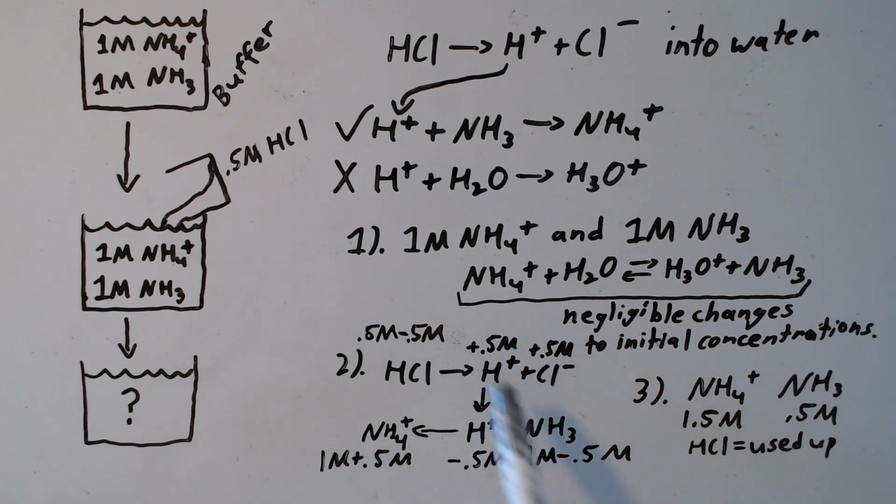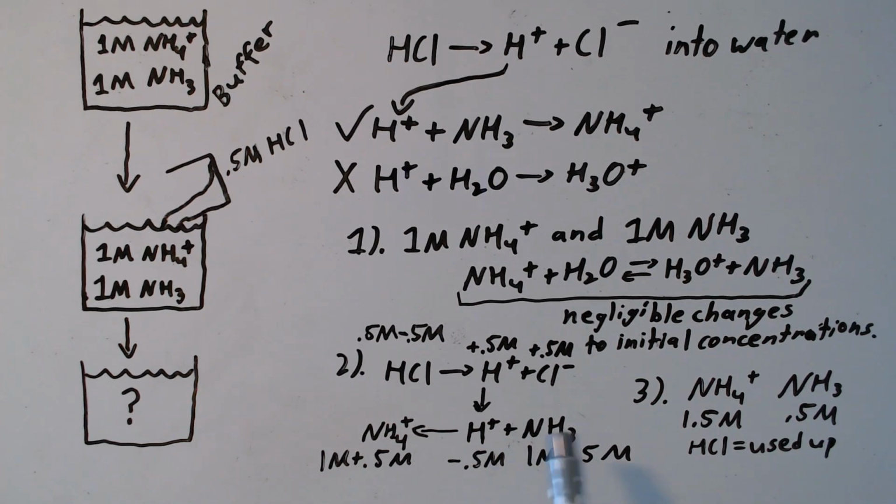So if 0.5 molar of this H plus is taken in by NH3, there is no longer this 0.5 molar of H plus because it's completely taken up by NH3. NH3 tends to bind to all of these H pluses.